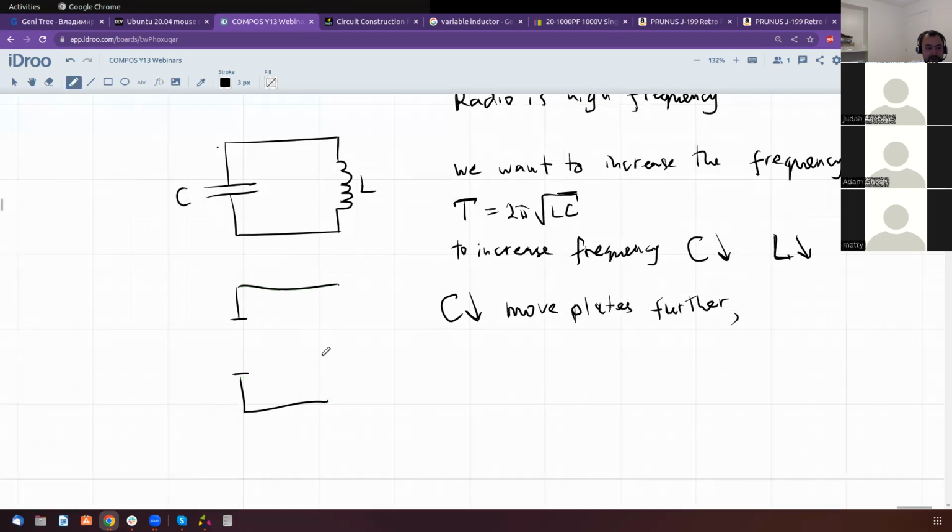How do we reduce the inductance? Less coils.